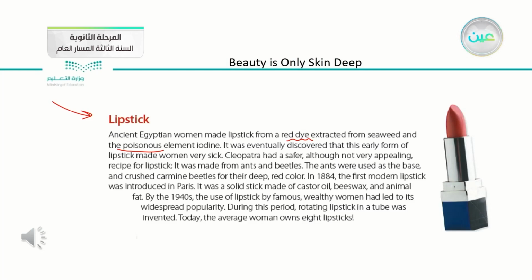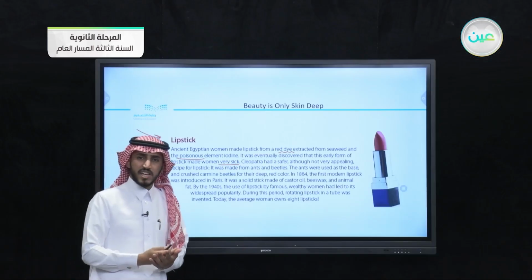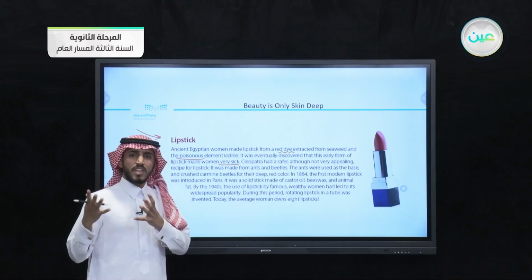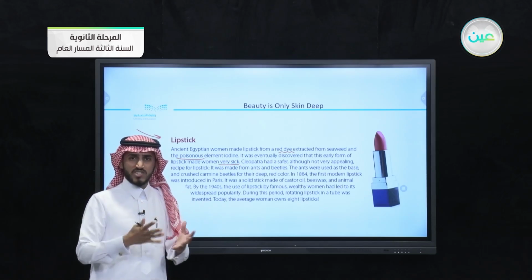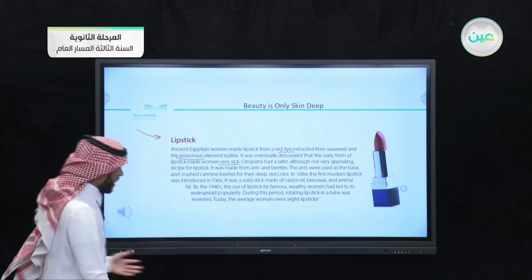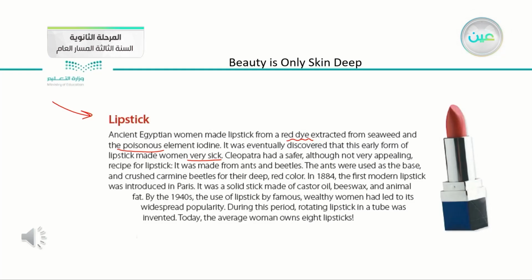It was eventually discovered that this early form of lipstick made women very sick. Why did it make women very sick? Very sick because it has a poison in it. Okay. After that, we have crushed carmine beetles.